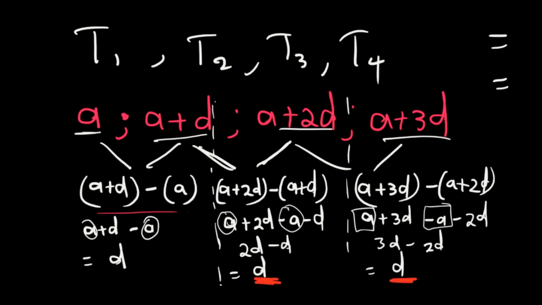So once we find this value being common throughout, we know that this is an arithmetic sequence. So an arithmetic sequence has a common difference at the first difference. So when you find the first difference of the sequence, you will find the common difference. So in this case, the common difference is d.